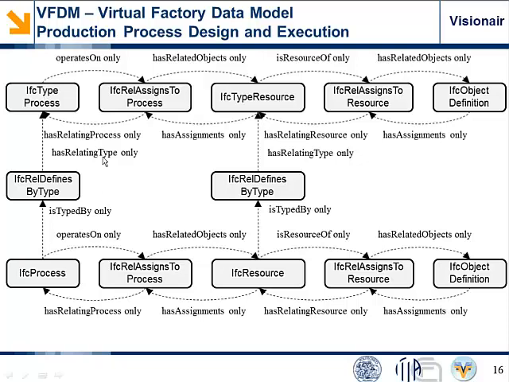So if we want to do an example, when we design an individual of this type class, we are saying that we have a general milling operation that needs a certain class of milling machines and has a theoretical execution time of, let's say, 10 minutes.